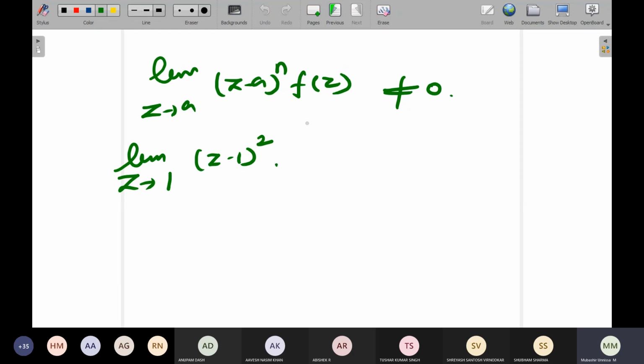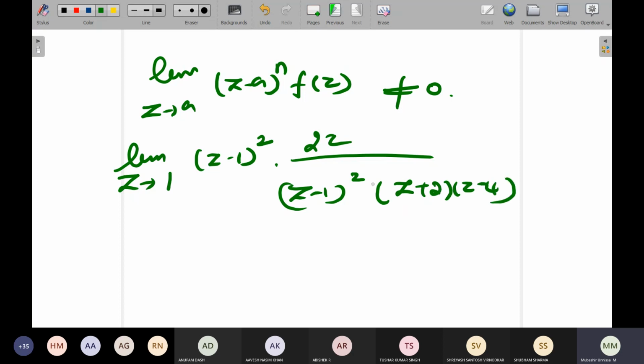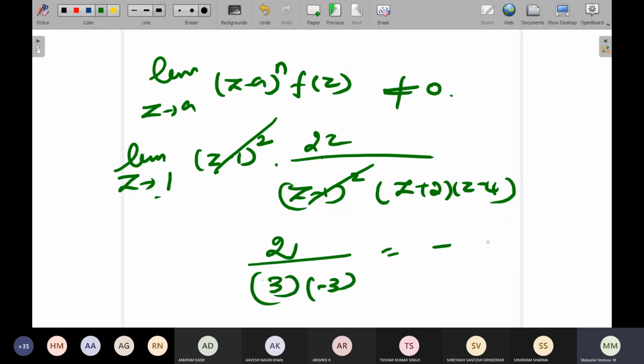It is 2z divided by (z minus 1) whole square into (z plus 2) into (z minus 4). This and this will get cancelled. Apply the value here: you will get 2 divided by 3 into minus 3, which is minus 2 by 9. Therefore it is not equal to 0, so you can find an integer n such that this value is not equal to 0. Therefore z equals 1 is a pole of order 2.